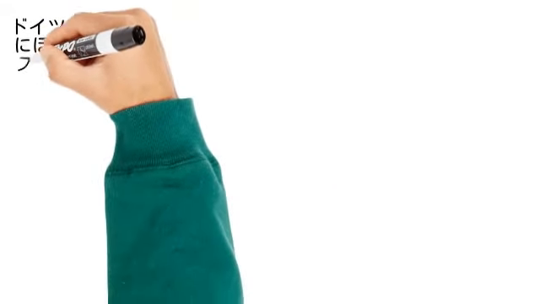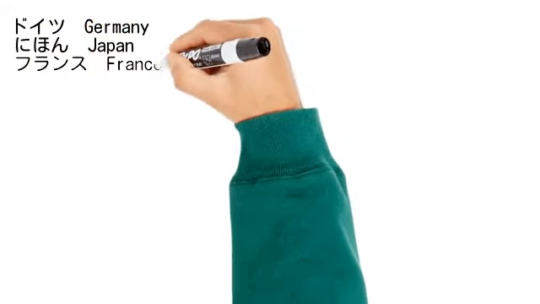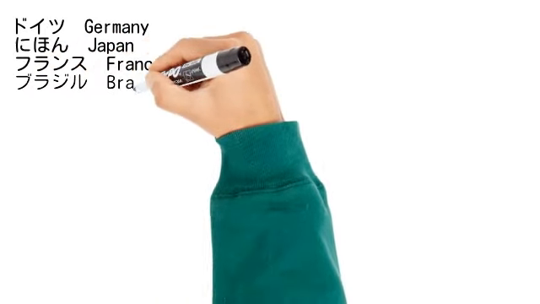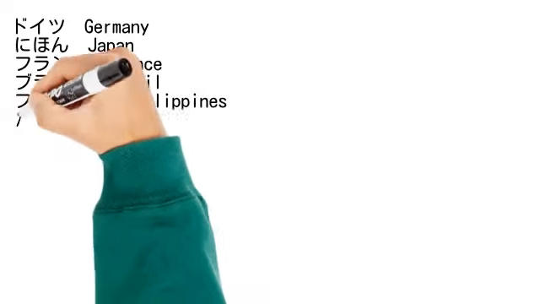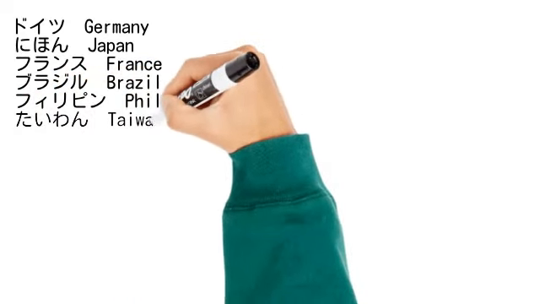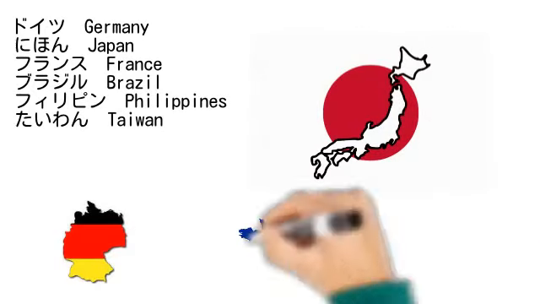Then we have Doitsu for Germany, Nihon for Japan, Furansu for France, Burajiru for Brazil, then Firipin for the Philippines. Then we have Taiwan. So take note, this is in hiragana. So that is Taiwan.